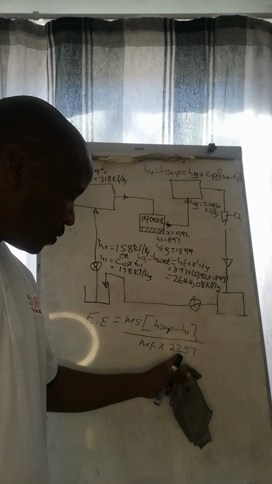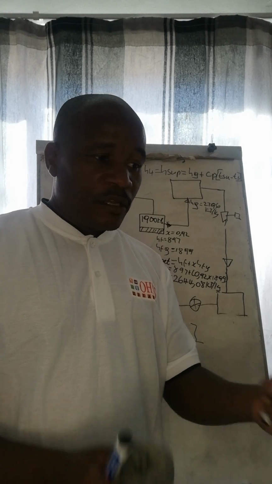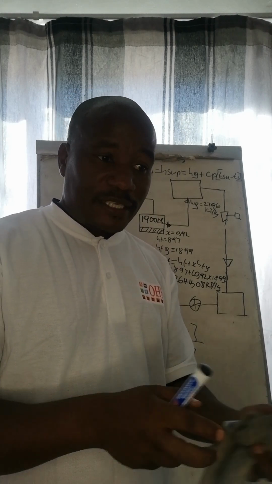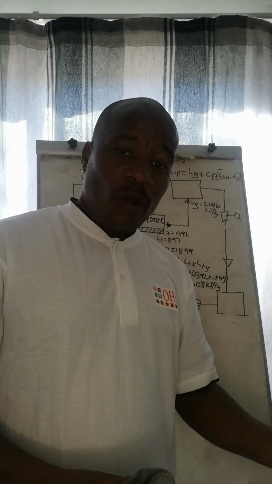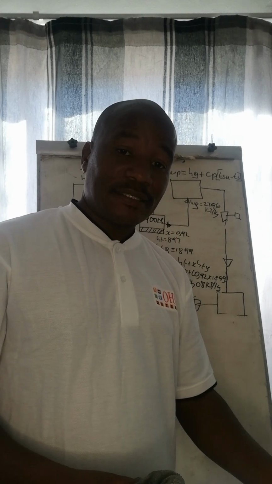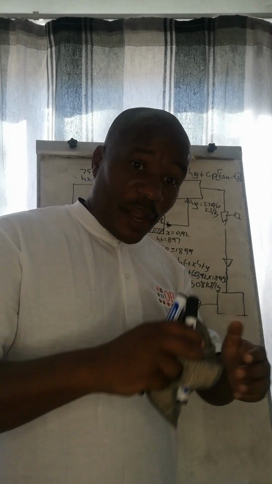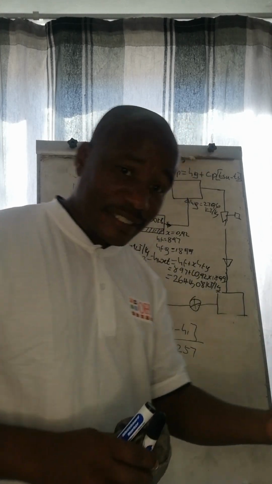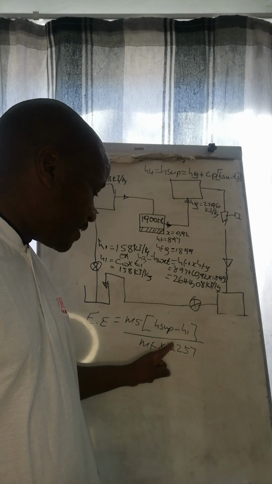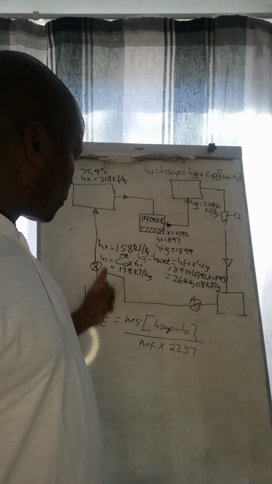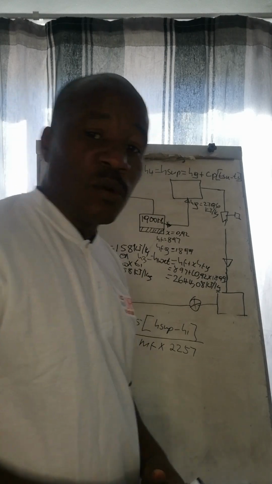This was the value that was obtained when different boilers were tested, and 1 kilogram of mass was put into the furnace and burnt, and when that mass finished, the heat transferred into the boiler was found to be 2257.